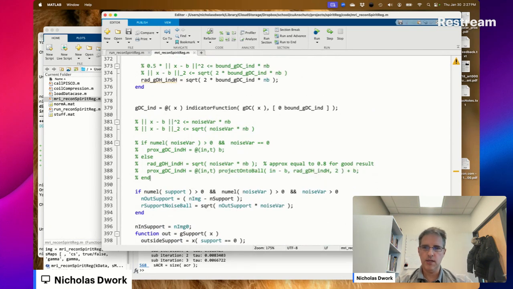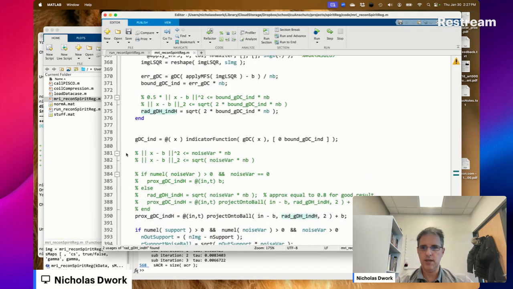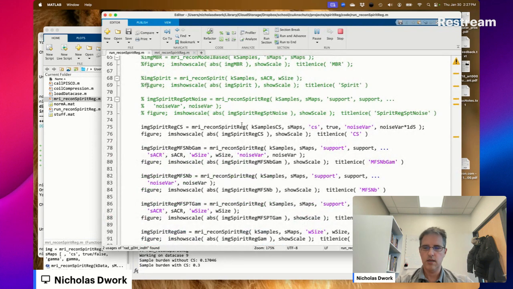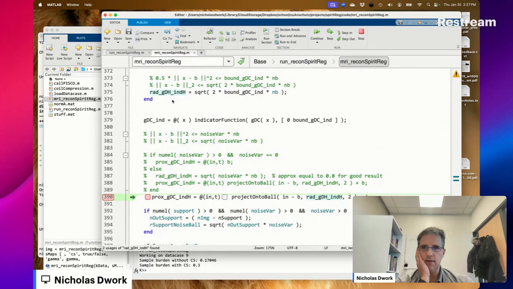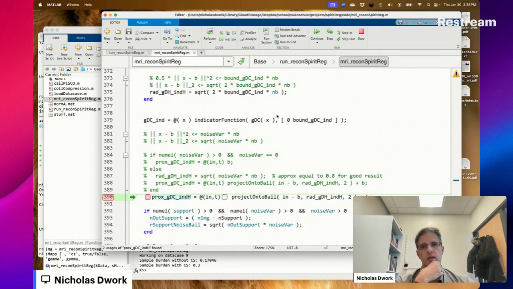That's going to be the value that gets used there. So now my question is, what is that radius value? 3,000. Well, that's too high.